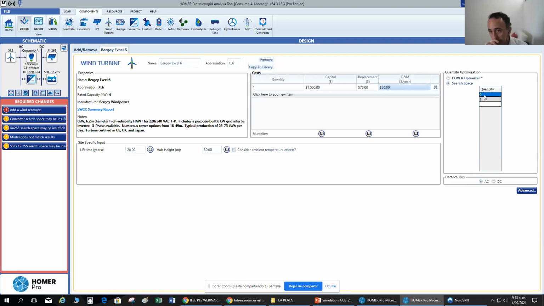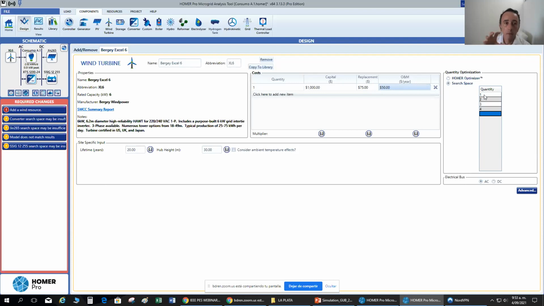Why don't you, Homer, create some iterations with one of these, two of these, three, four of these. I know what will happen. Homer should tell me, I don't recommend you to use a wind power system. Why?